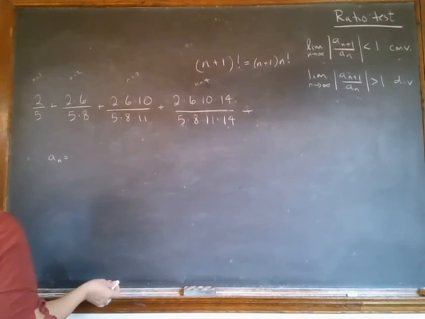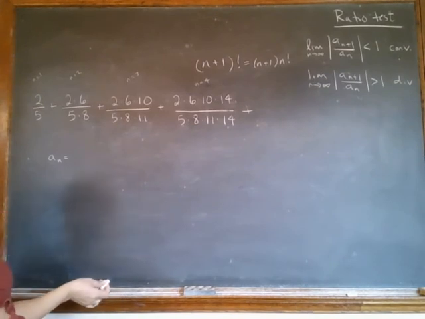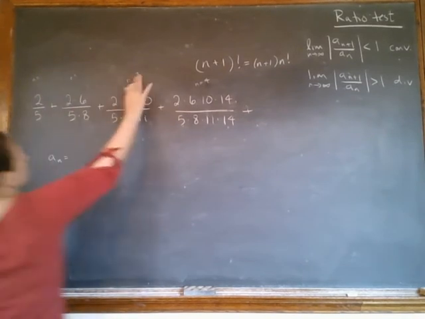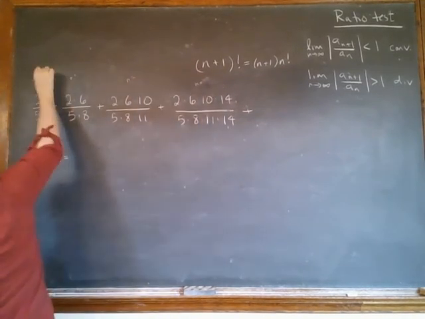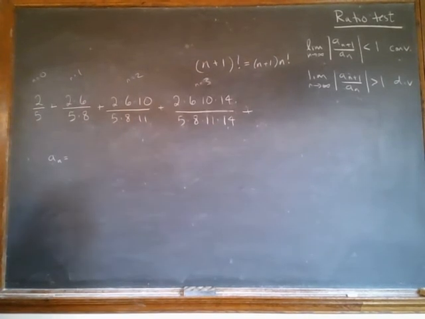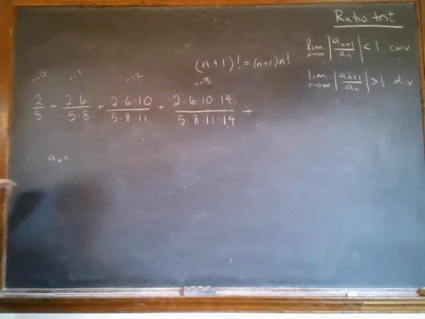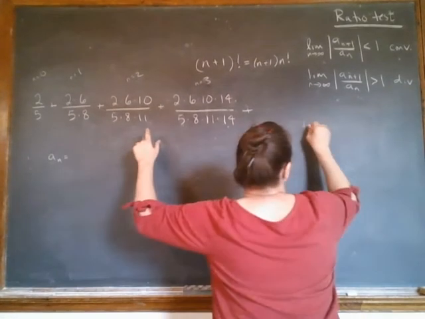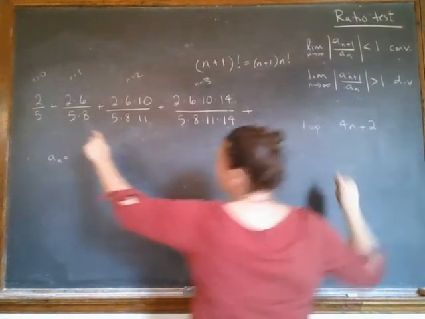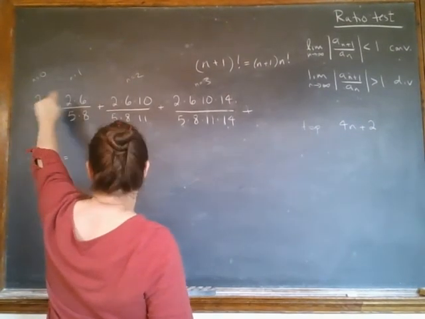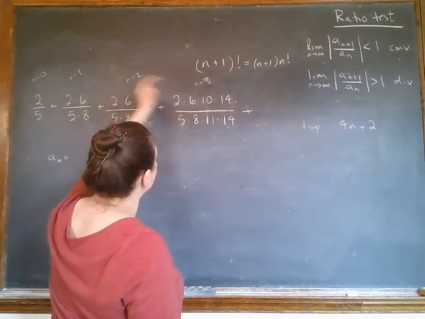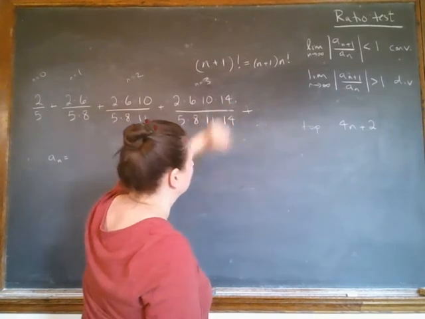I'm going to start from n equals 0. I don't like n equals 1, it's harder for me. That's fine, doesn't matter. Because what I can do then is the top is going like 4n plus 2, right? So n equals 0 is 2, n equals 1 is 6, n equals 2 gives me 10, n equals 3 gives me 14.